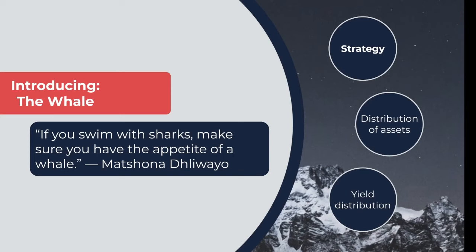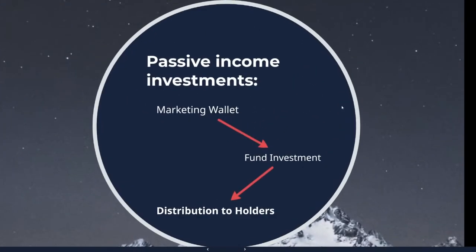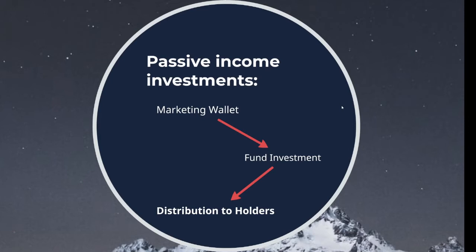All right. So let's get back to the fund. Because the fund is a very unique part of our business. The strategy is very simple, honestly. Part of the tax from the marketing wallet is allocated into fund investments. We as a team are vetting the investments.